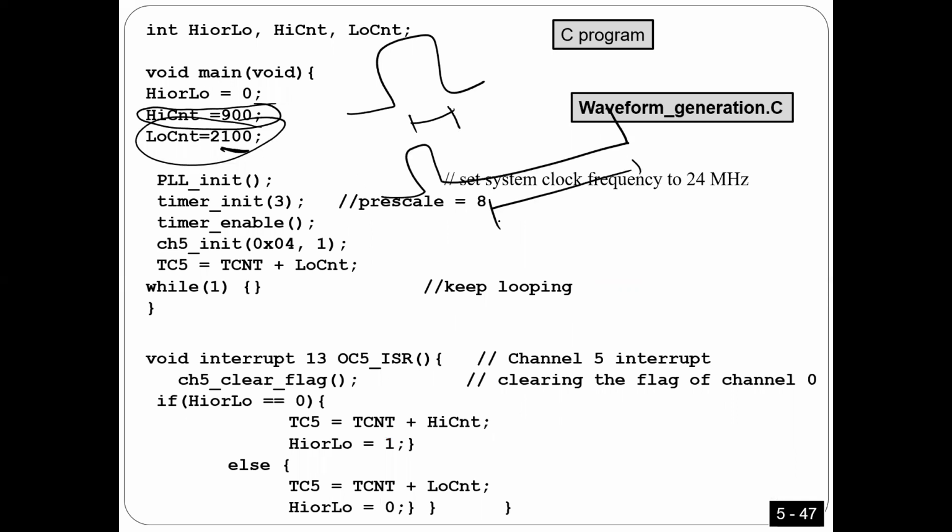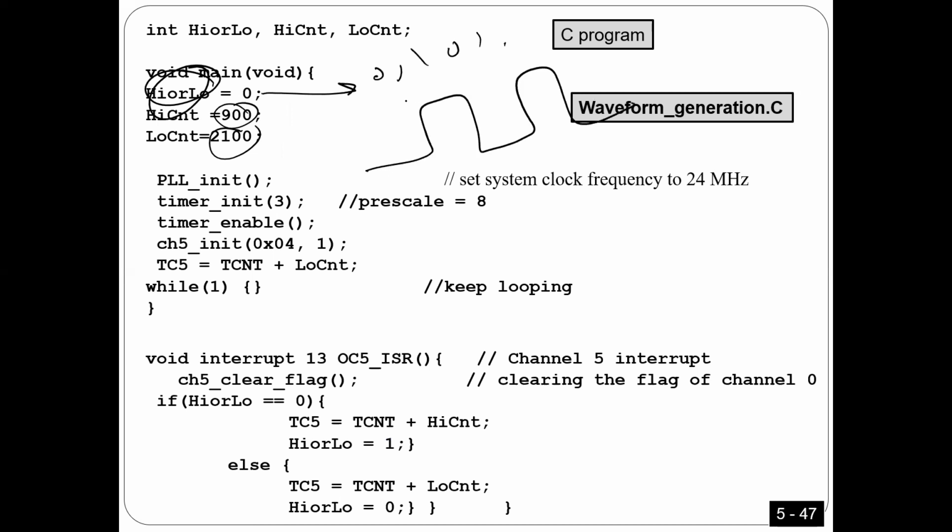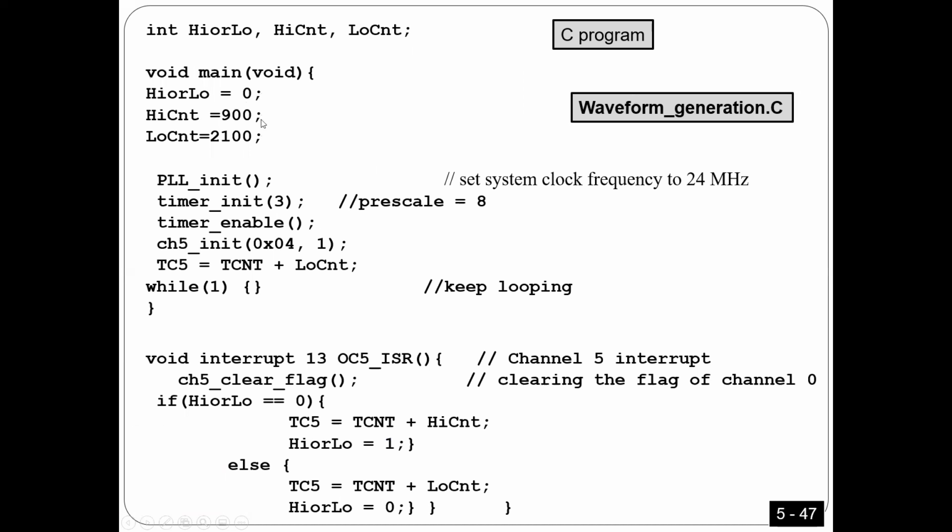I also need a variable to tell me if the signal is high or low, so that I use this number or this number. This variable should always get the values 0, 1, 0, 1, 0, 1, so every time I can know if the signal is high or low, so that I can use this number or that number.